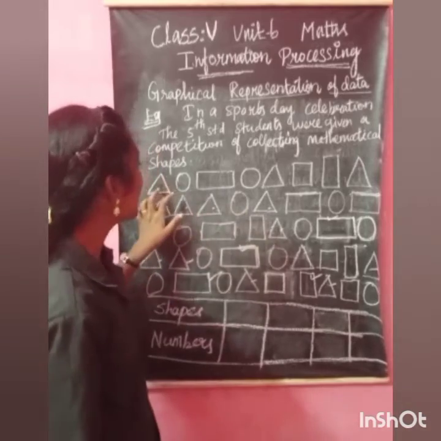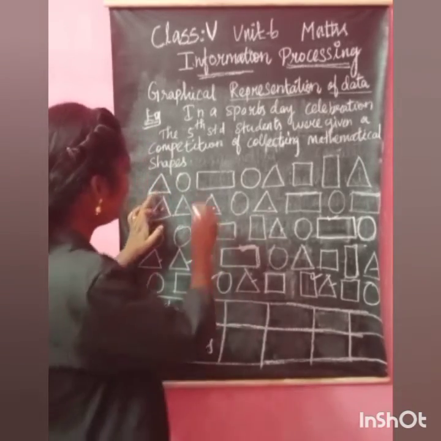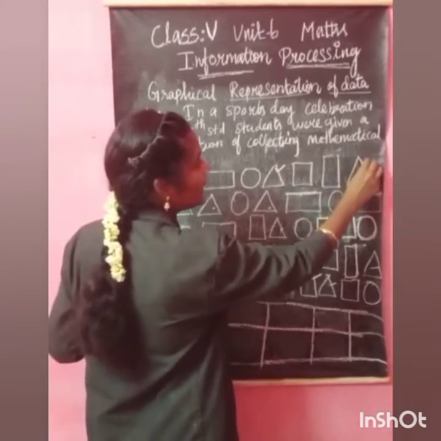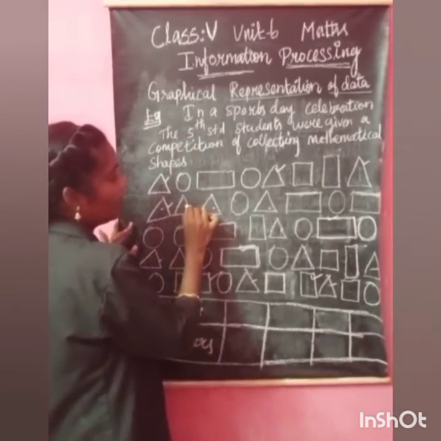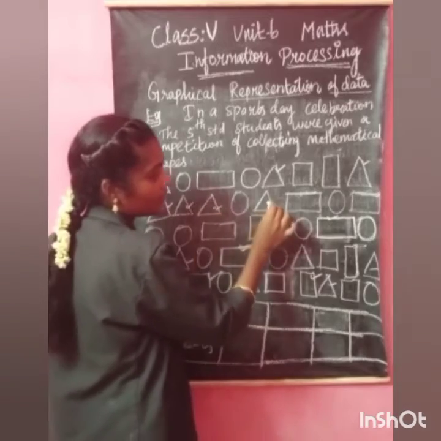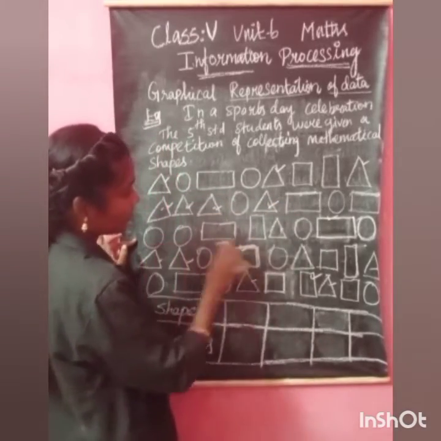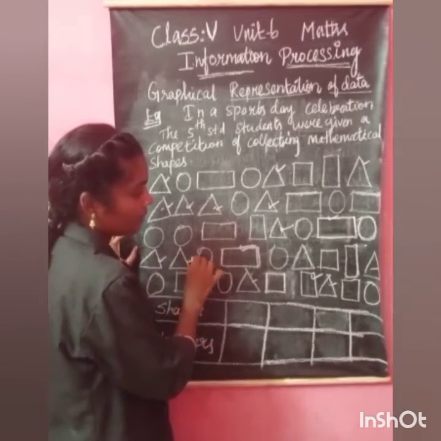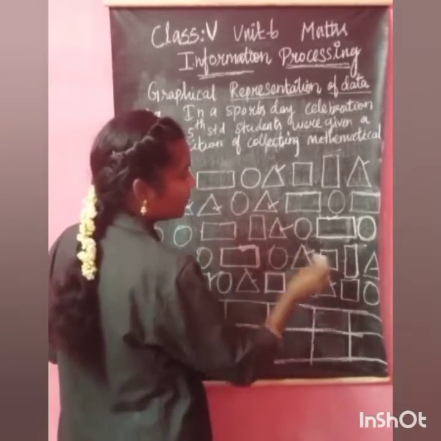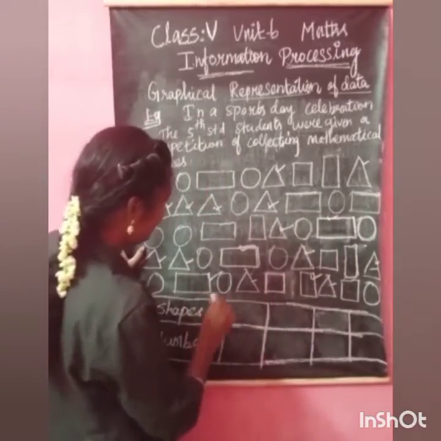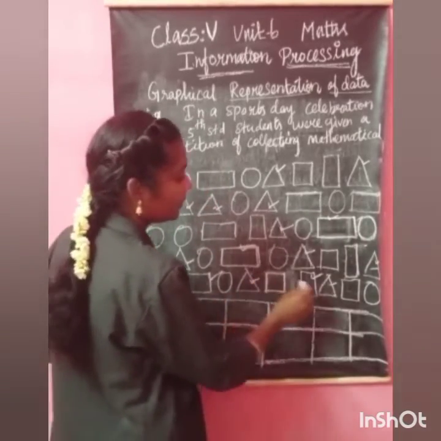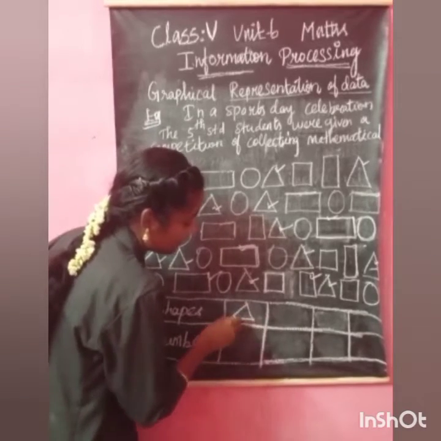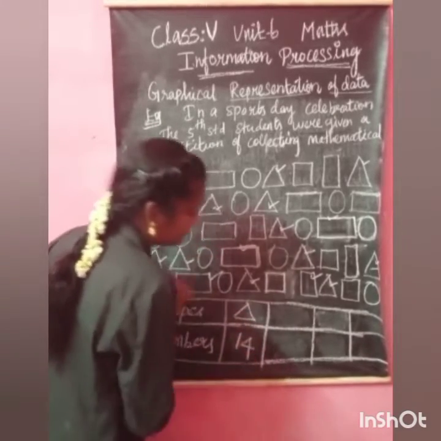So first count the triangles, children. So 1, 2, 3, 4, 5, 6, 7, then 8, 9, 10, 11, 12, 13, then 14. Therefore, the triangle shapes are 14.